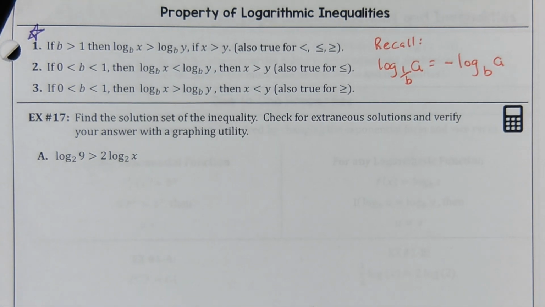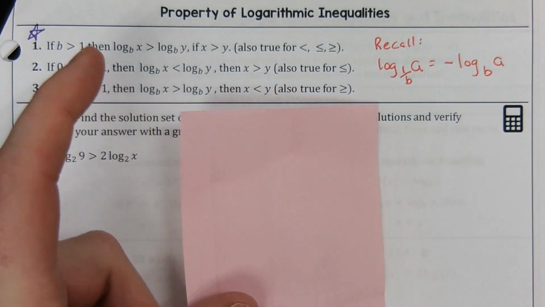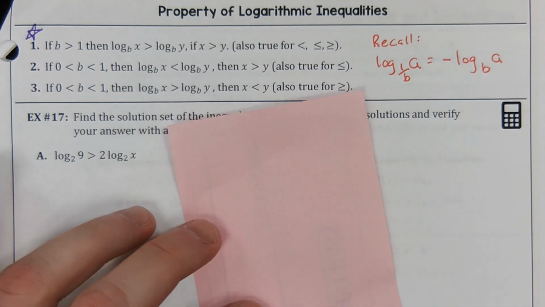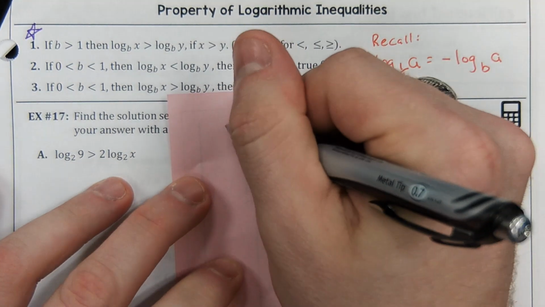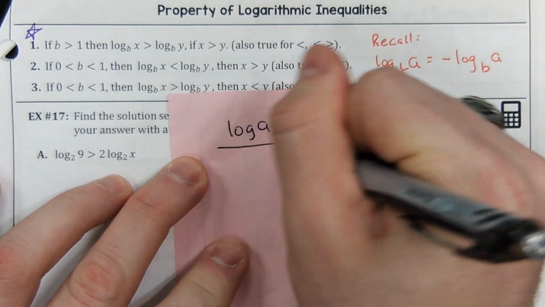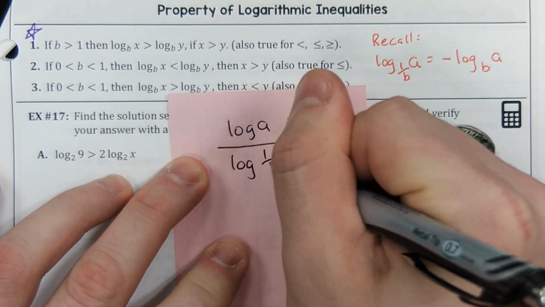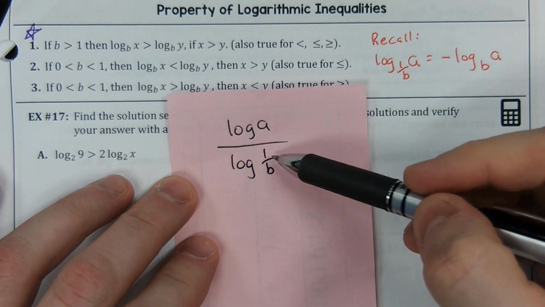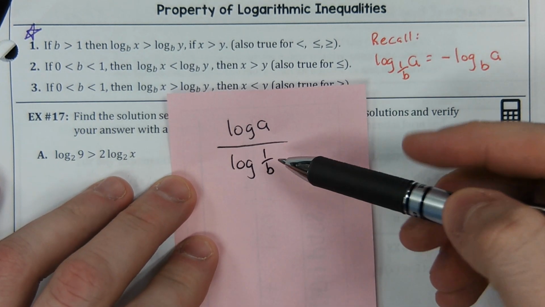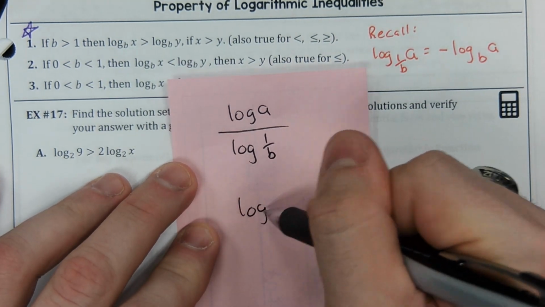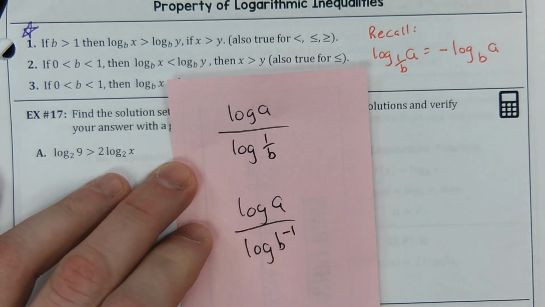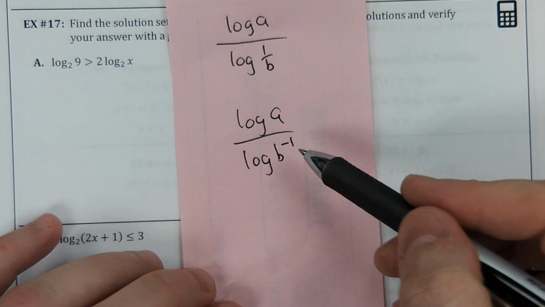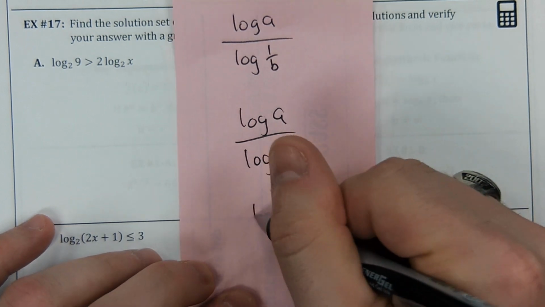And in case you don't recall that, let me grab one of these tardy passes out of the trash can and just re-engineer it for you. Take this and use change of base. But this could be written as b to the negative 1. And our expanding property says we could bring this negative 1 down to the front of that logarithm.